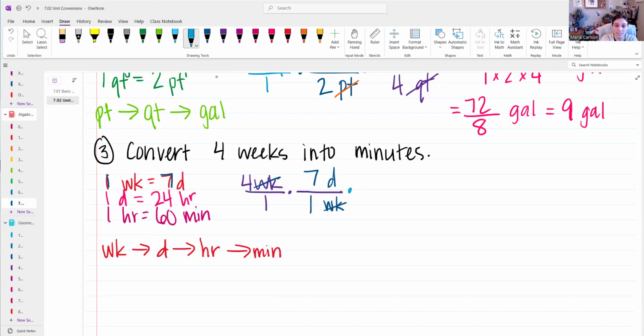So I'm going to convert days to hours. If I'm going to get rid of days, days is going to have to go in the bottom now. And we're going to convert to hours. And 1 day is 24 hours. So now the days will cancel. And we're in terms of hours. But we're not done yet because we actually need to get this into minutes.